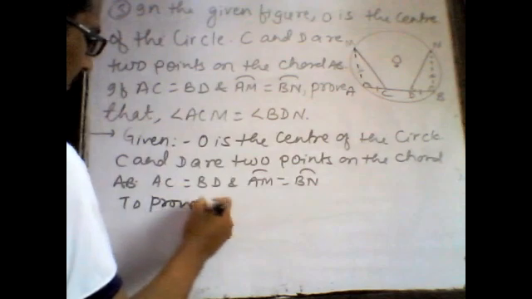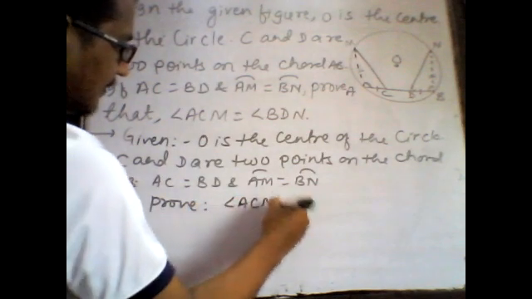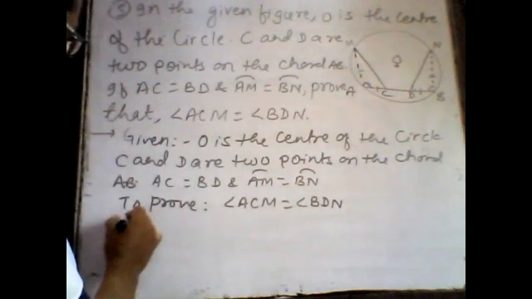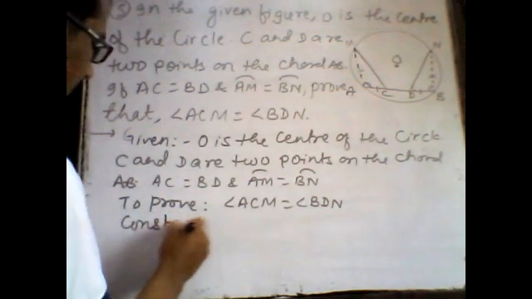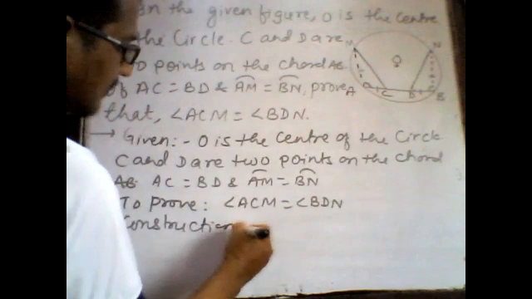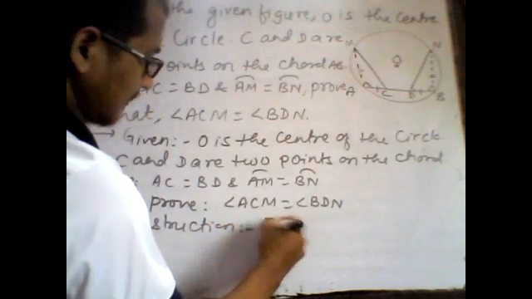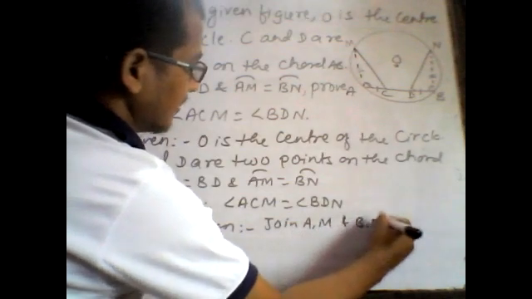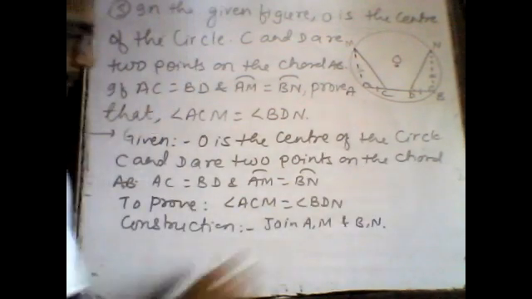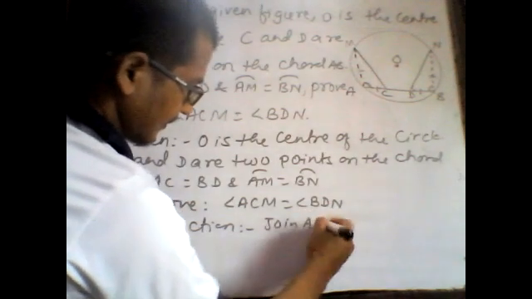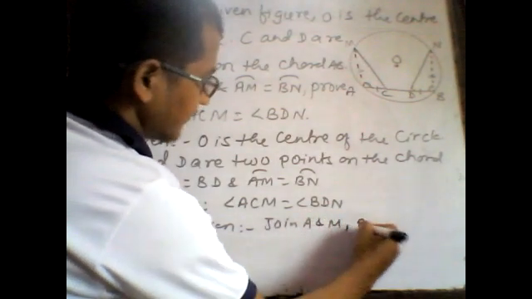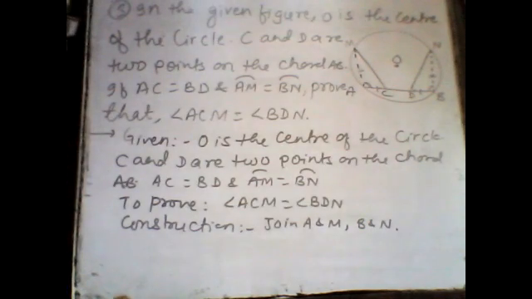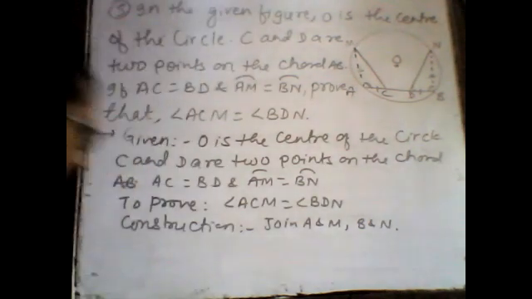To prove angle ACM equals angle BDN. Now we need a construction here. Join A and M, and join B and N.